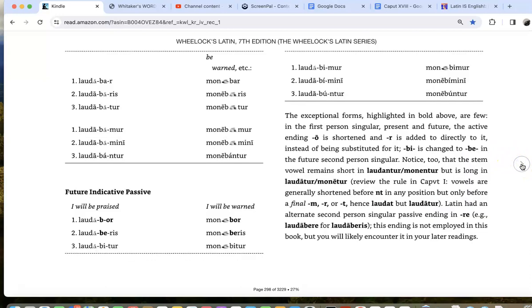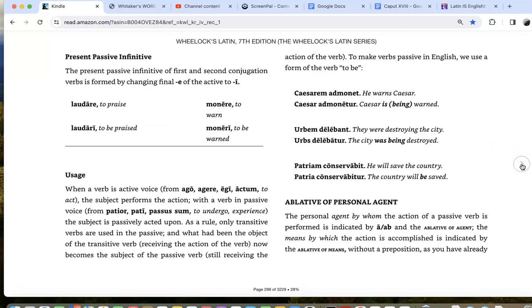Fast forwarding a bit to some of the examples, if we take a look at active voice, we have admonet Caesarem, he warns, or he is warning Caesar. But if we put that same idea into the passive, Caesar, which is the direct object in the active, becomes the subject in the passive.